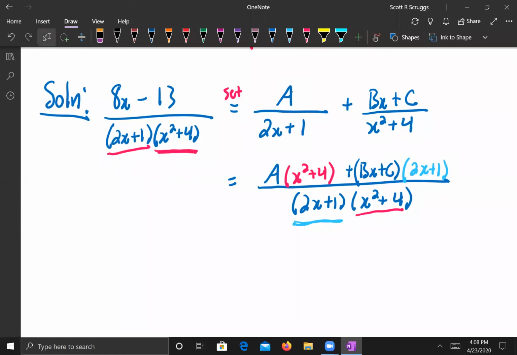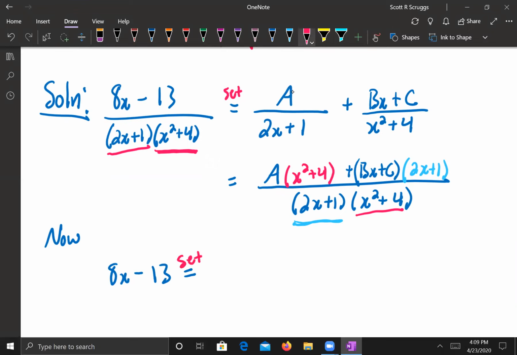So, because denominators are the same, if I want these two rational functions on the left and the right-hand side to be equal, the numerators must equal each other.